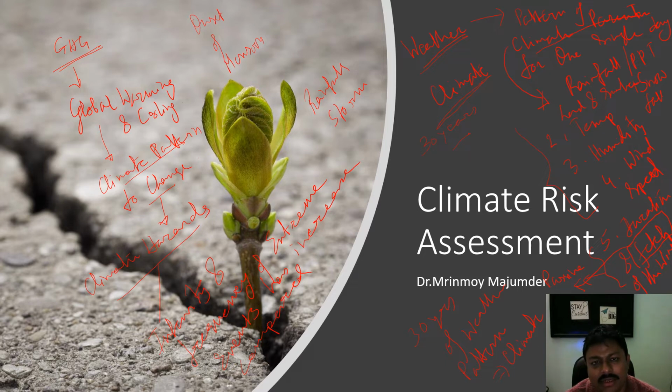That means if in some place the onset of monsoon was from June, in recent decades the same onset of monsoon is observed during the May month. These are the changes in climatic pattern being observed in various places of the world.